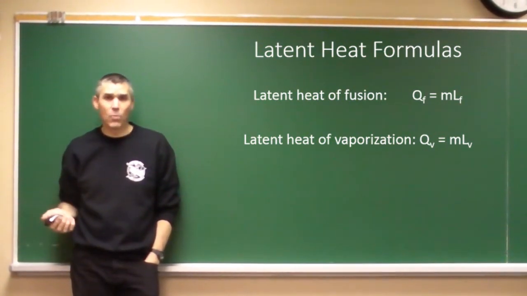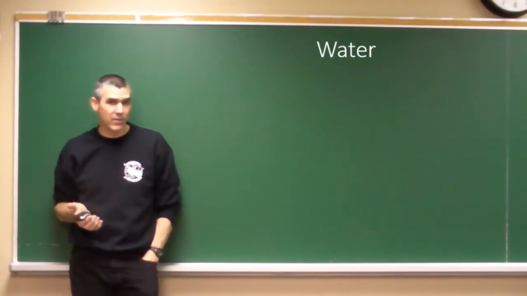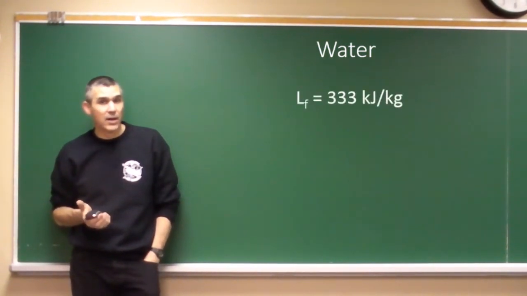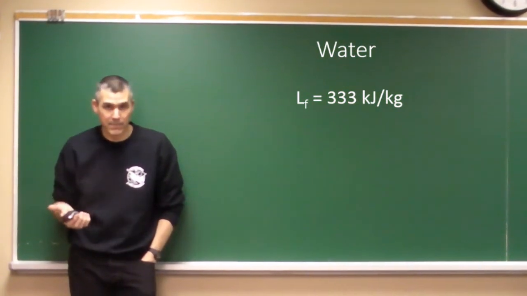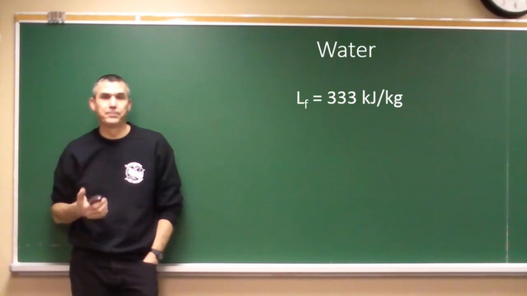Now, to give you an example, water has a latent heat of fusion of 333 kilojoules per kilogram, so that's 333,000 joules per kilogram to melt ice to water.